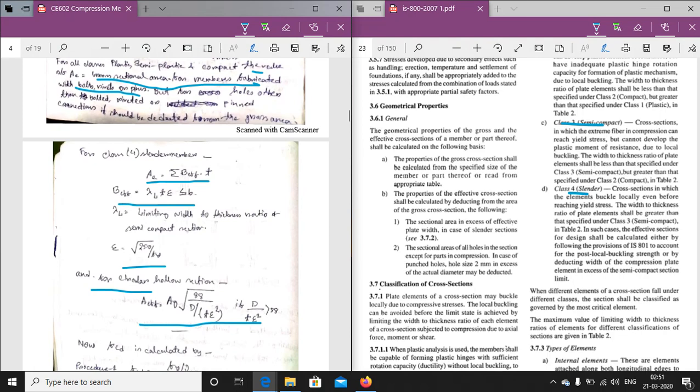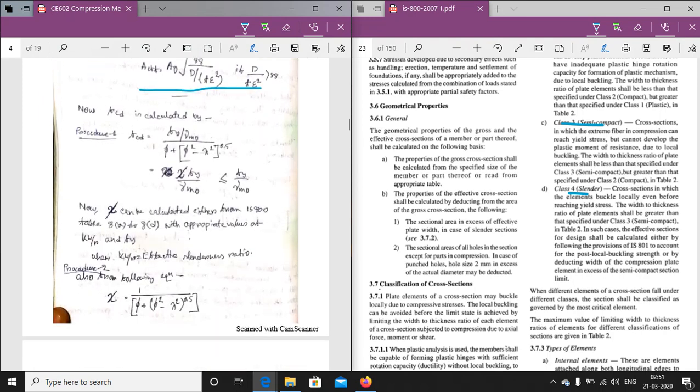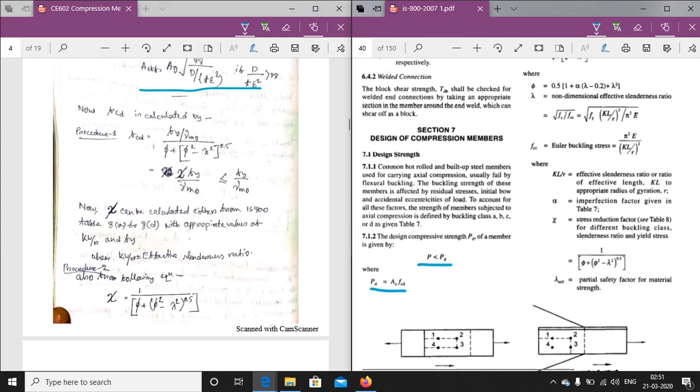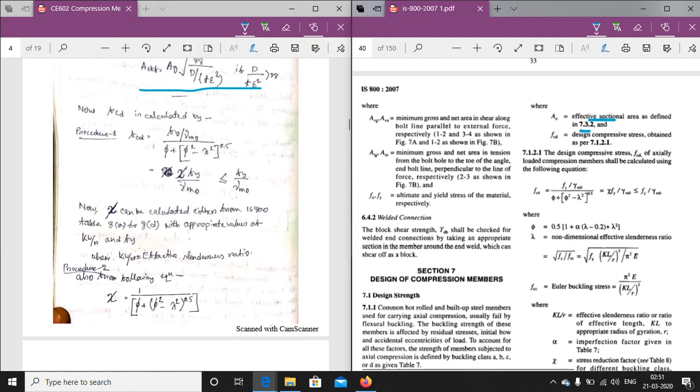Okay, so FCD. The calculation of FCD is very much important, and it can be done in a number of ways. First way is to calculate the FCD by this formula: FCD is equal to that.